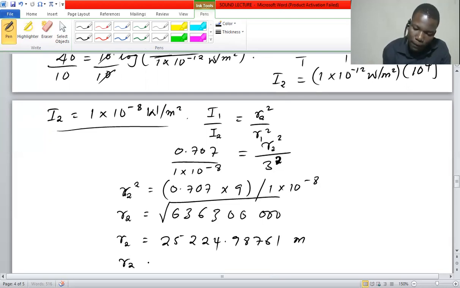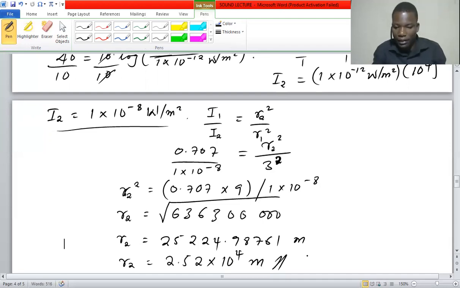Or you can write it to be 2.52 times 10 to the power 4 meters. And so that will be the distance.